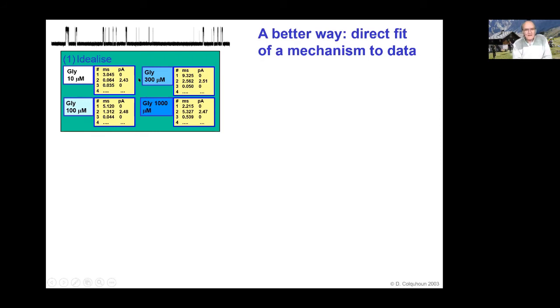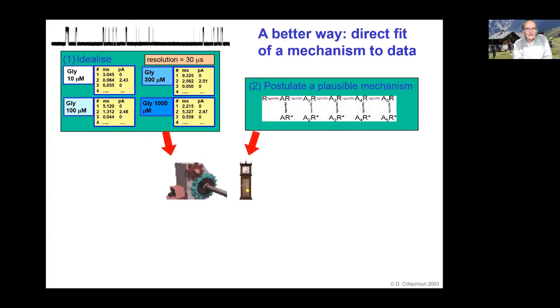We'll see why that gives you a big advantage in a short while. We postulate a mechanism which we're going to test eventually. We're not saying it's right, we're just testing it. This had 5 binding sites, each of which could open.